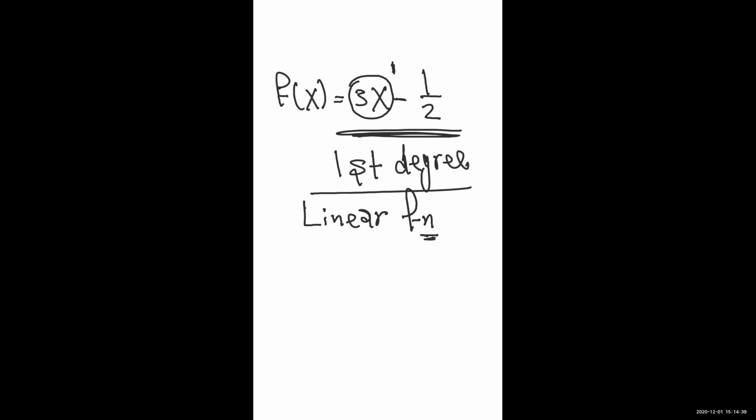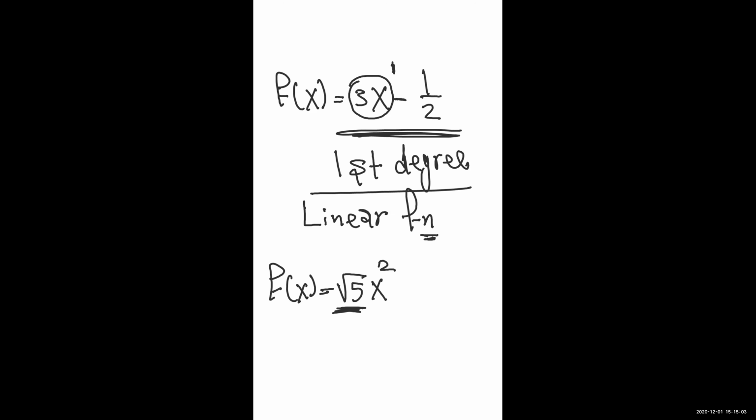If it's not at the power of 1, like power of 2, like this one, f of x equals the square root of 5, x squared. I don't care about the number, square root of 5 or 3, it's accepted. I only refuse the square root of a variable, right?